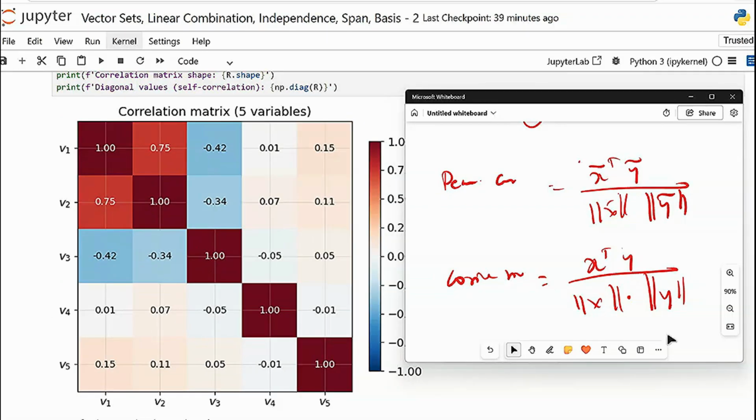From linear combination to basis, this establishes how data can be represented efficiently and without redundancy. These concepts directly underpin real-world techniques such as correlation and cosine similarity, which quantify relationships between variables and vectors. In the context of generative AI, these ideas are not just theoretical.